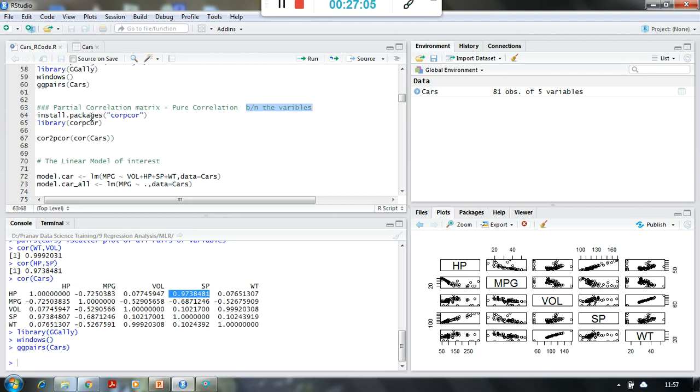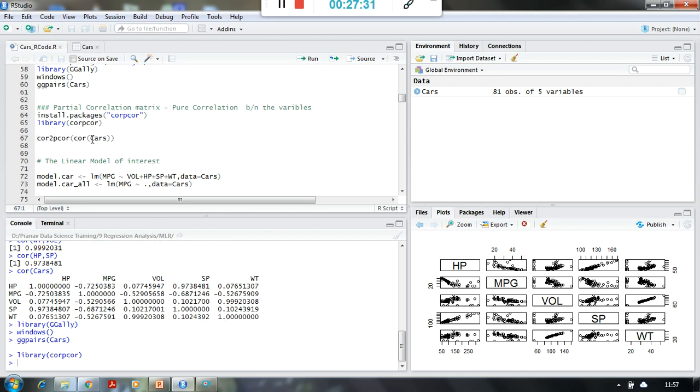But when I am talking about the partial correlation matrix or pure correlation, then I am talking about only HP and SP, or only volume and weight, or only volume and MPG. So no other variable is influencing the result of the relationship. That function is called cor2pcor, so correlation to partial correlation, or correlation to pure correlation.